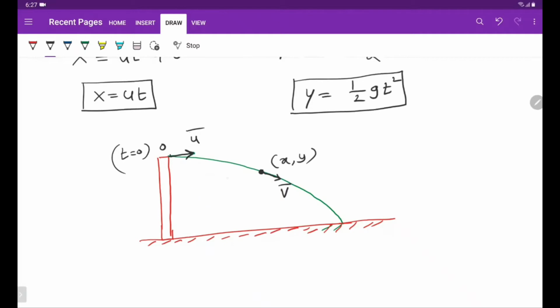This coordinate x means this length is x. And y means this height, vertical height. So this is y, the vertical distance from top. So the coordinate is x comma y.